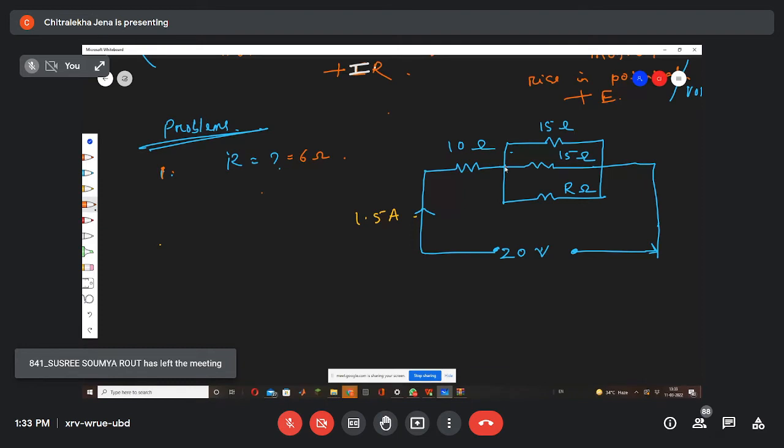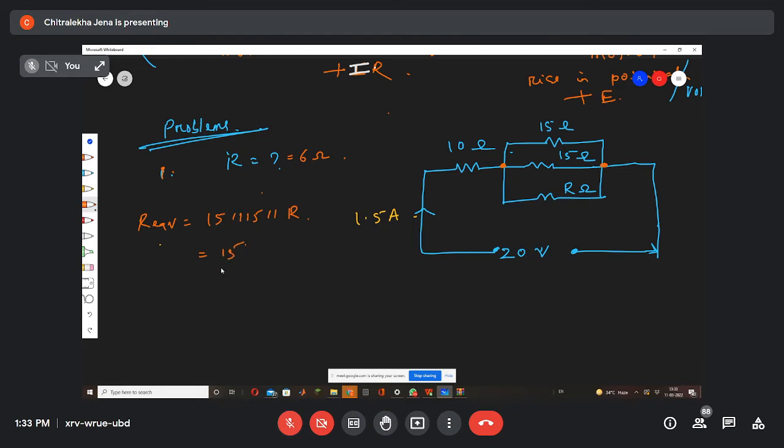Yes, tell me, Aryan. Ma'am, first the two 15 are in parallel, so I've taken the R equivalent. What is the R equivalent you have got? 15 parallel with 15 parallel with R. How much are you getting? 15 into 15 R divided by 15 R plus 2.